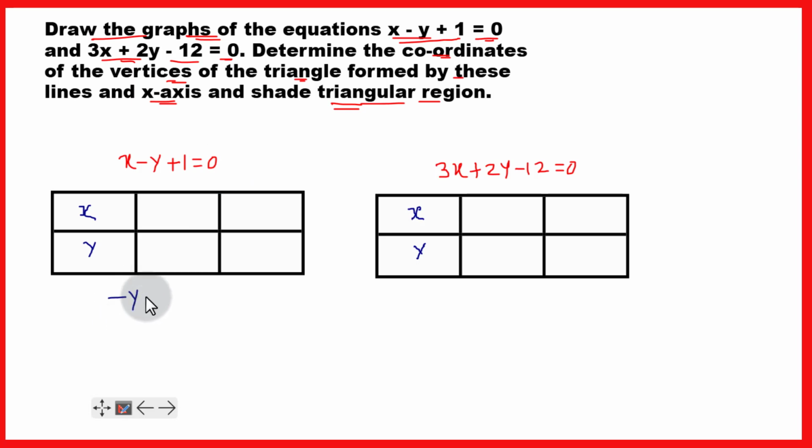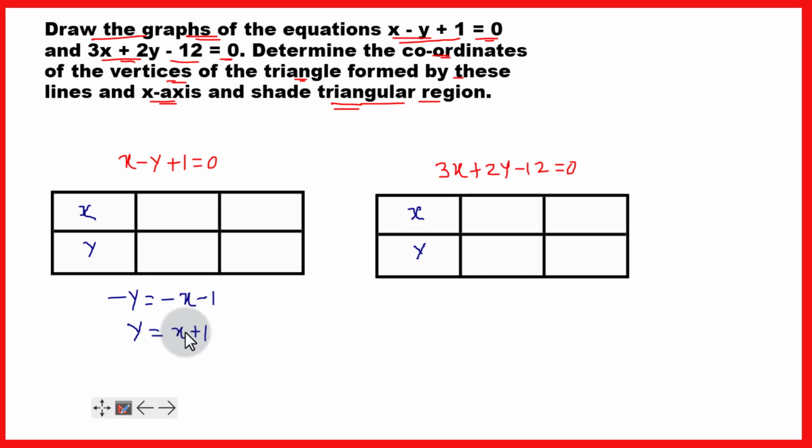So it will be minus y is equal to minus x minus 1. Now since this is a minus sign, we will change the sign throughout the equation, and you will get y is equal to x plus 1. So this is the equation converted as y in terms of x.